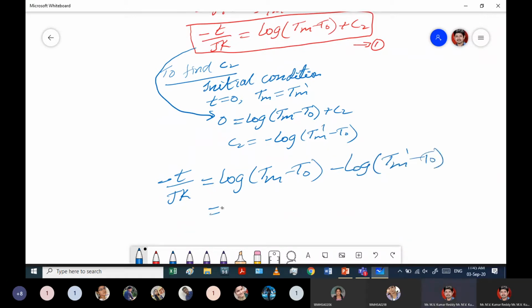It is in the form of log A minus log B, that is log A by B: log of Tm minus T naught by Tm dash minus T naught.